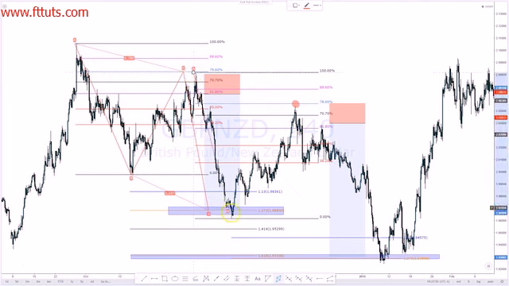Now your eyes are going to start opening up. This was actually a bullish 3 drives pattern, but it's a little bit more advanced stuff.